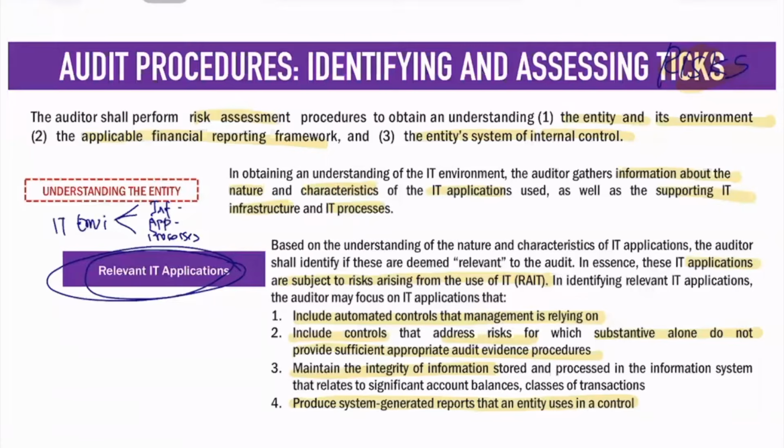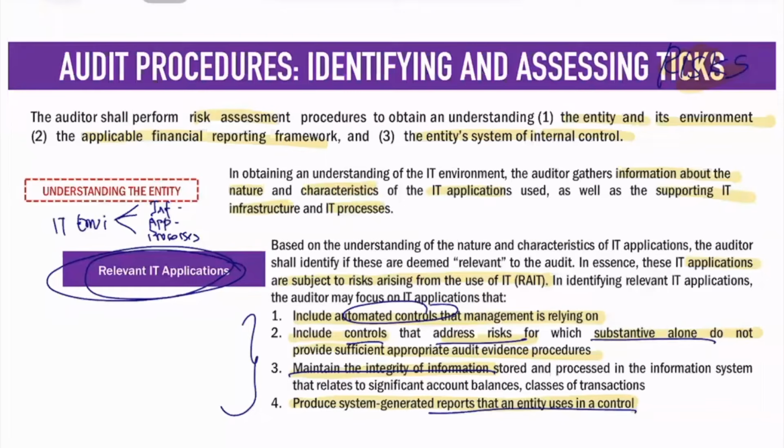Therefore, whenever we look into or test the controls based on the different trees, we look into these controls. So what controls are we focusing on? Those automated controls, controls that address the risk on the substantive alone, controls that maintain the integrity of information, and controls that produce reports.